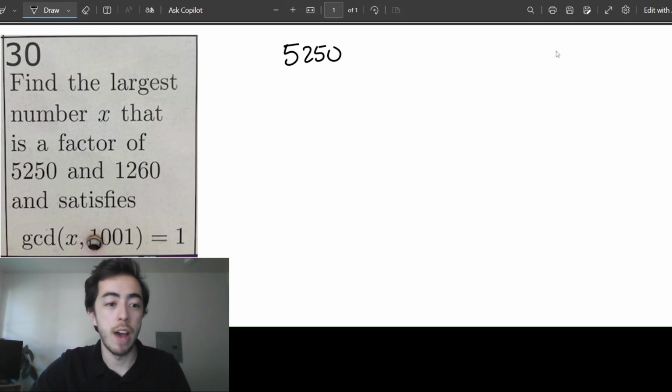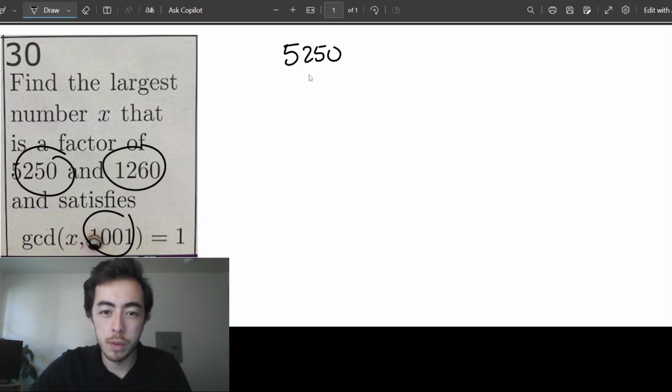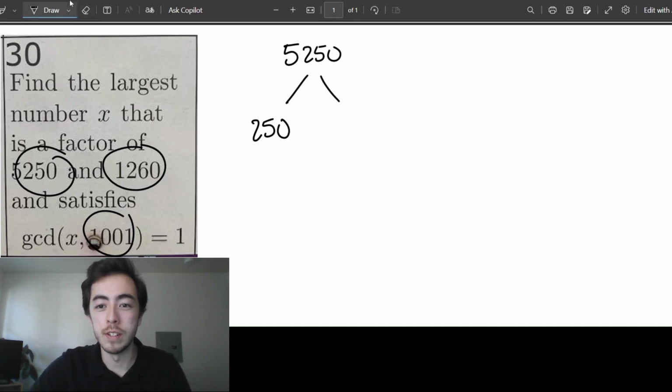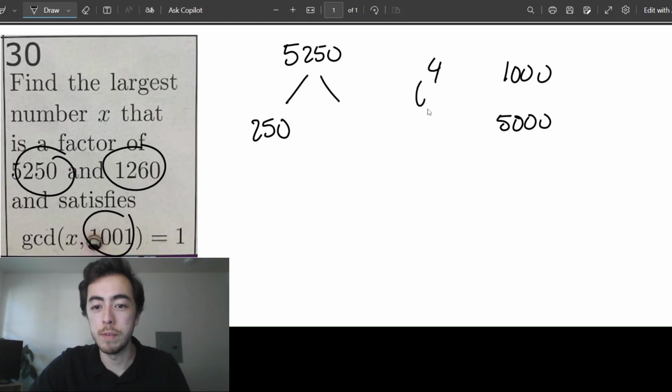I'm going to make some factor trees for our important numbers for this problem. This one, I can see that we can divide into 250 and something. There's going to be 4 250s in every 1,000, so I'm just counting up on my 250s right now. Since I have 5,000, I'm going to multiply this by 5 as well.